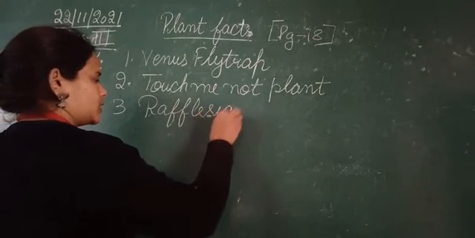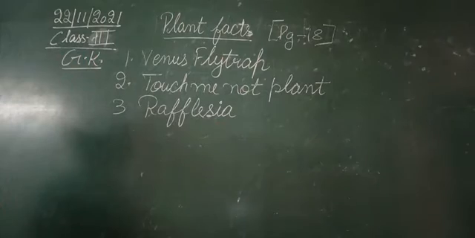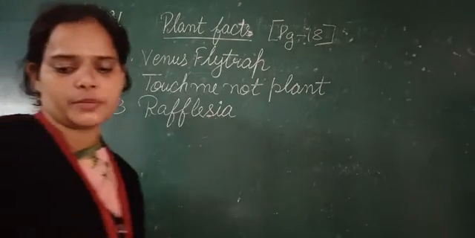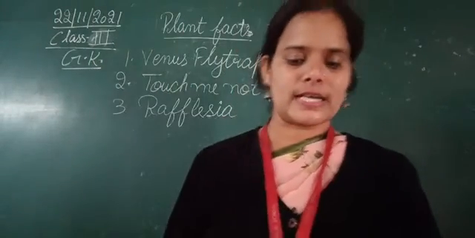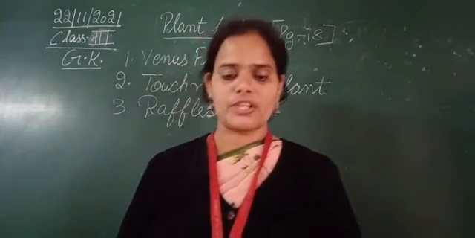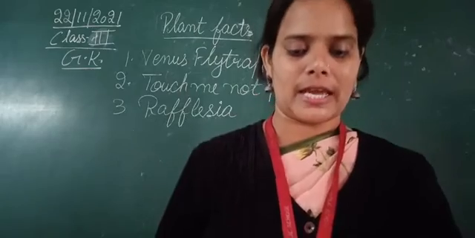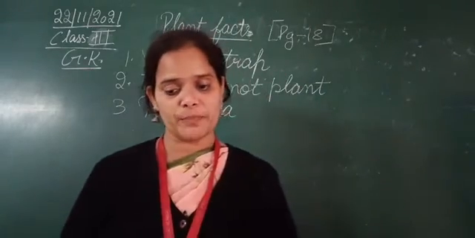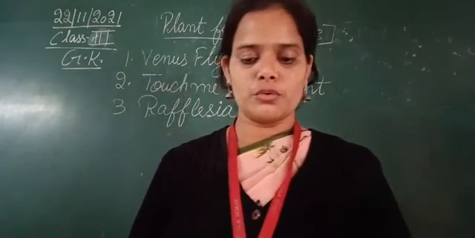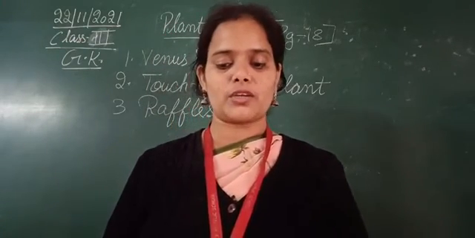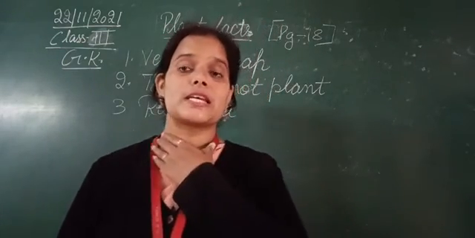Rafflesia is the world's largest flower, found in Malaysia and Indonesia. It is about 1 meter wide and weighs up to 11 kg. Its leaves, roots or stem cannot be seen. It smells like rotten meat, which attracts insects.